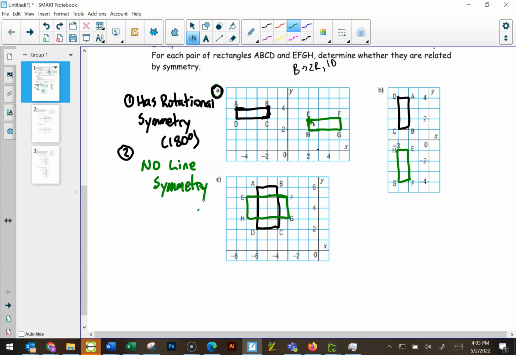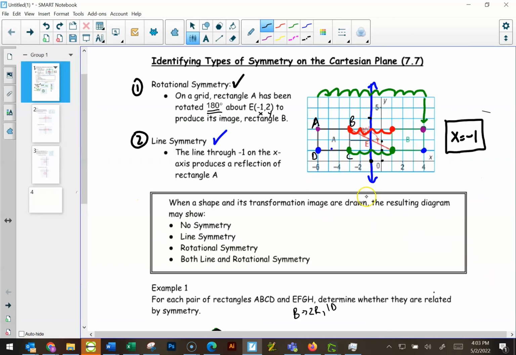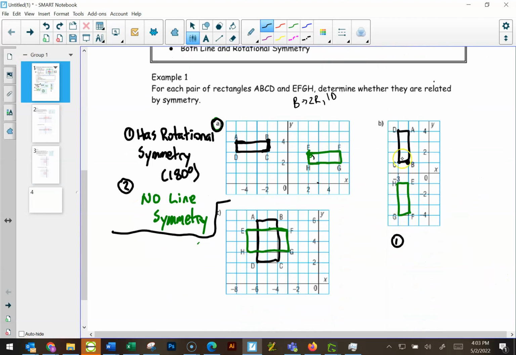Okay, now let's look at B. For test number 1, does it have rotational symmetry? Is there a way for me to rotate this object so every point on the black object ends up on the green object? And yes, there is.